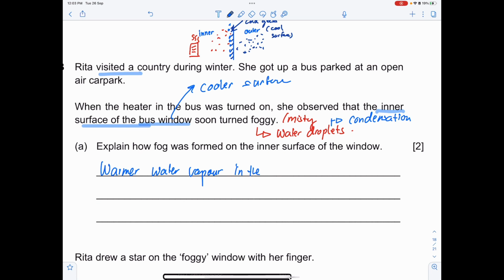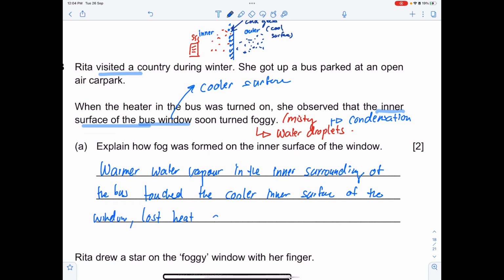Warmer water vapor in the inner surrounding of the bus touched the cooler inner surface of the glass of the window, lost heat and condensed into water droplets.